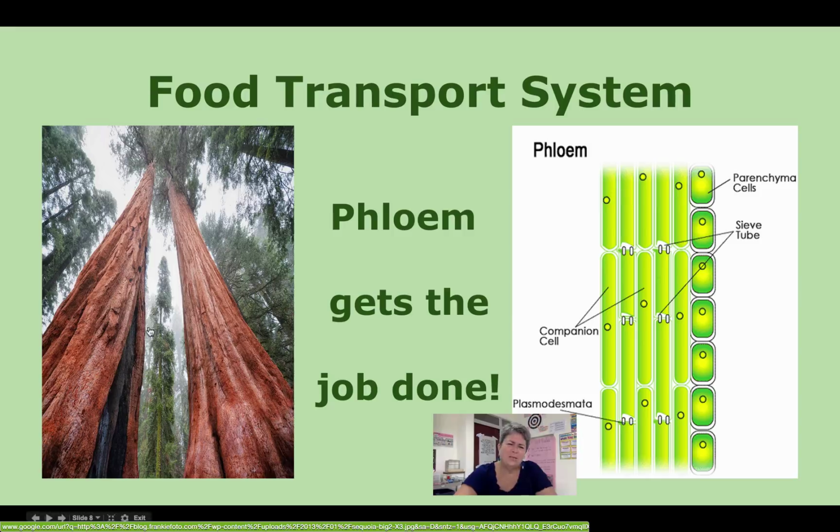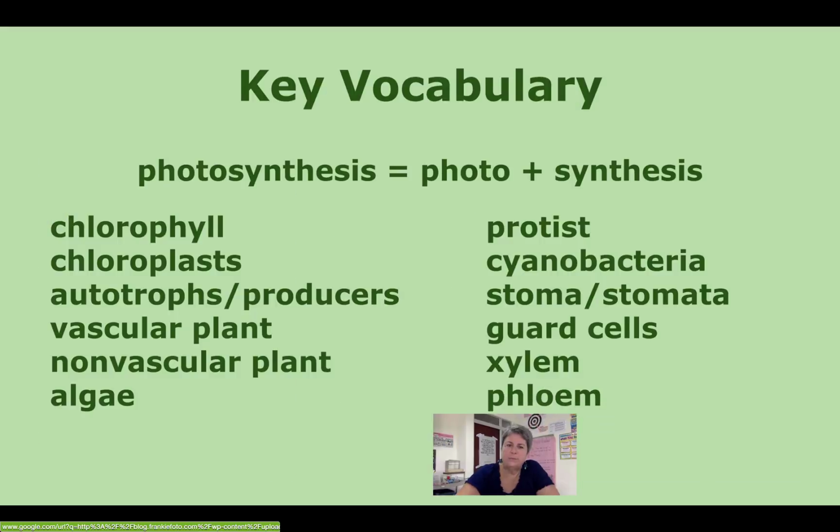So even if you have this huge, massive sequoia, like in the photo, you've got xylem that's going to take water from the leaves all the way up to the top, and then you've got phloem that's going to carry any of that sugar that's needed for energy for cell processes to all parts of the tree. Really cool vascular tissue.